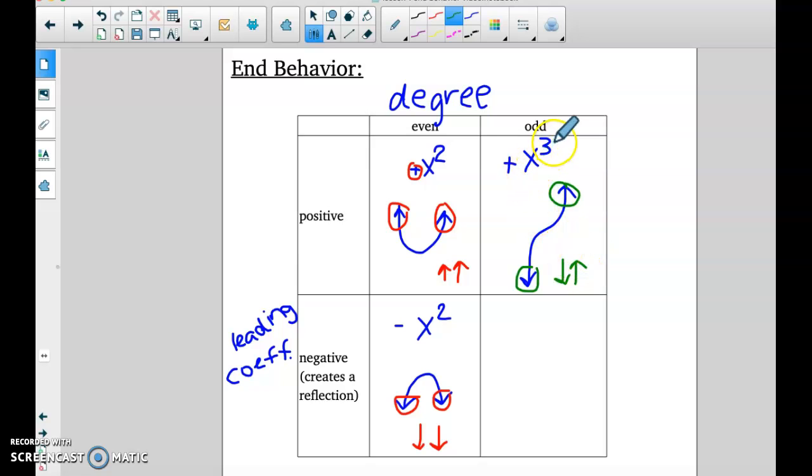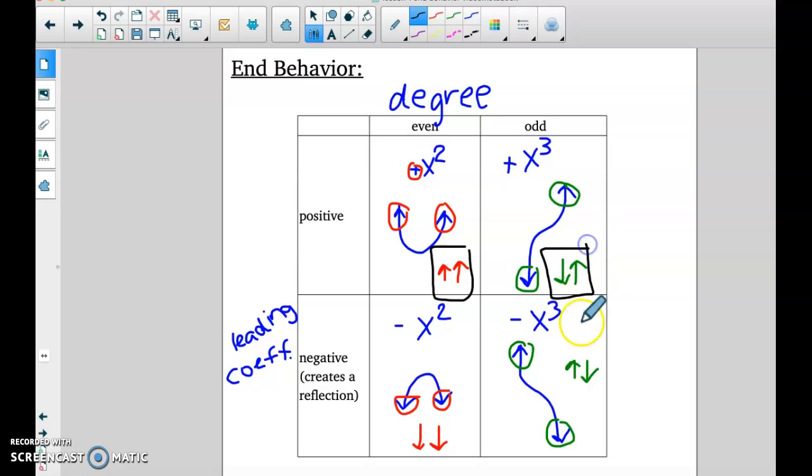Whether this was x to the 5th, x to the 7th, whatever. Now that negative, just like before, we know a negative creates a reflection, so now my graph would be going like this. Reflected, flipped over the x-axis, upside down. Looking at my arrows, left to right, my end behavior is up, down. Okay, and that's my end behavior. Those are the answers. This is what your answer would be if I asked you to describe the end behavior.